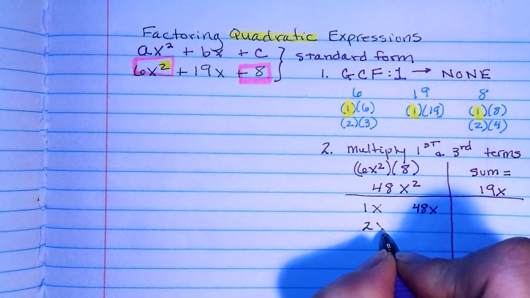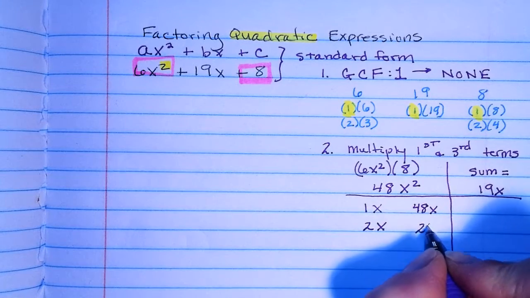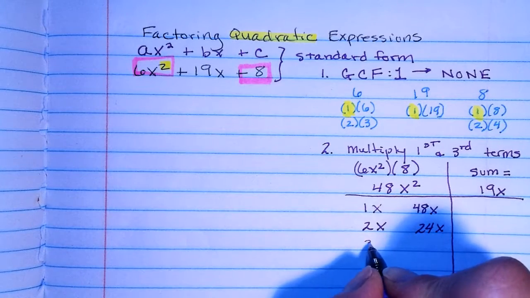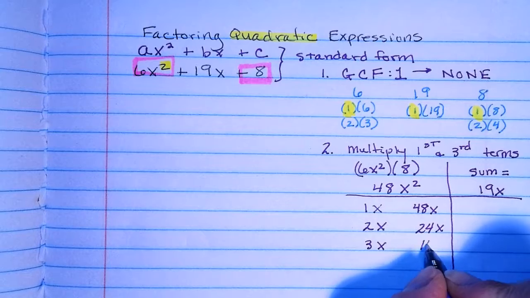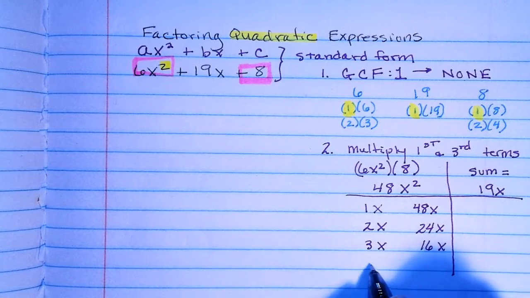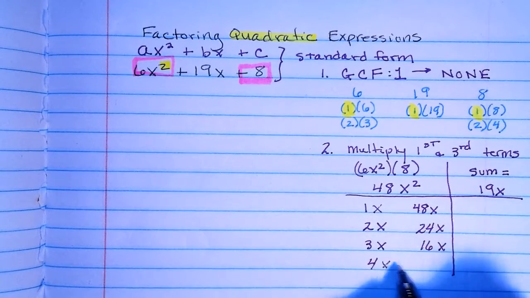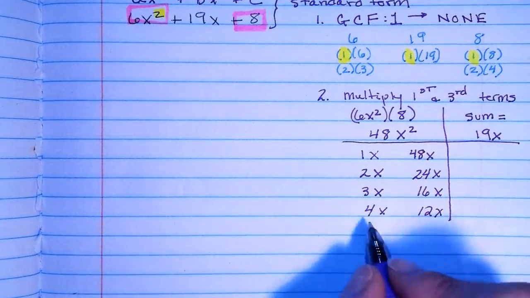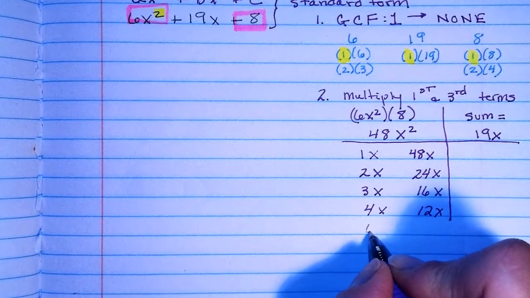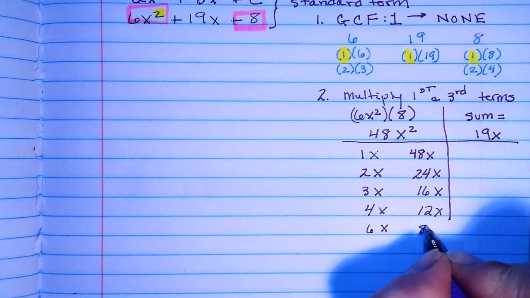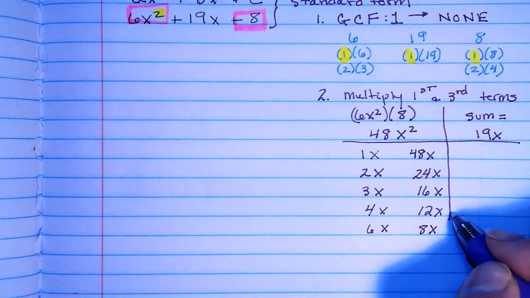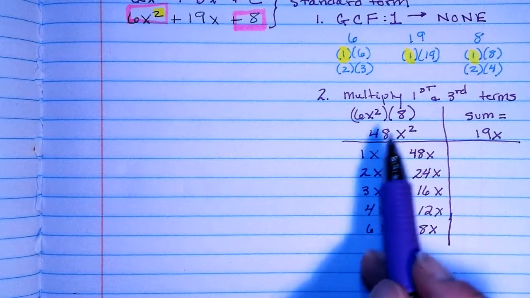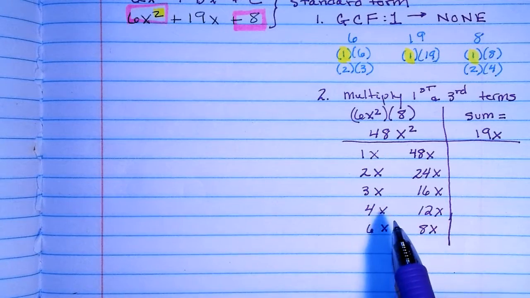So 2x times 24x gives me 48x squared. 3x and 16x are other factors. 4x and 12x are other factors. 5 doesn't work. 6x times 8x. So all of these multiply to give me 48x squared. But only one of them will work.